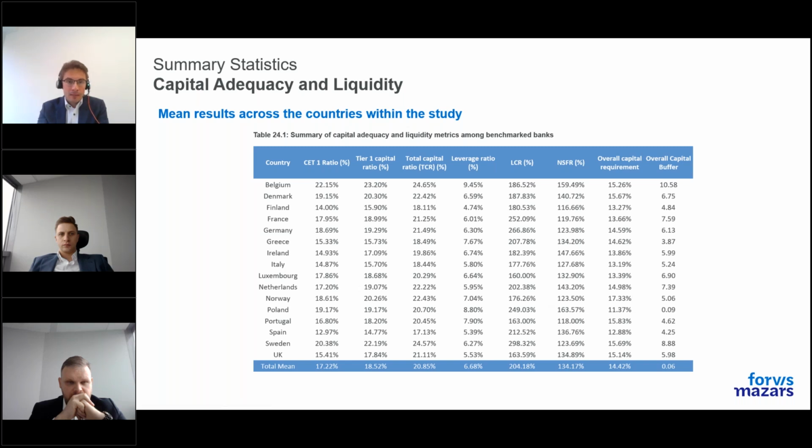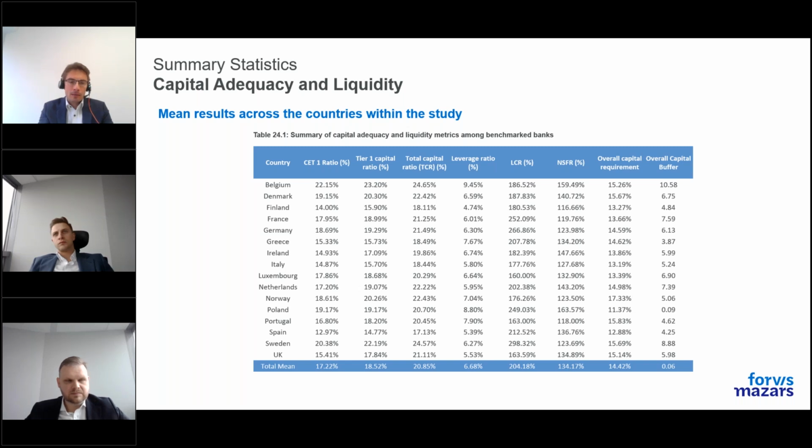One of the outcomes from the analysis is that the capital adequacy ratios in our analysis are generally consistent with the BCBS study, with CET1 ratio in our study standing at 17.2%, while in the BCBS study it was lower, 13% for Group 1 banks, so Tier 1 banks, but it was very similar at 17% for Group 2 banks, so smaller banks.